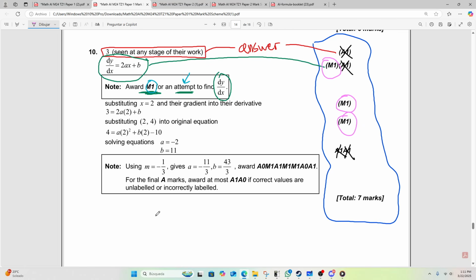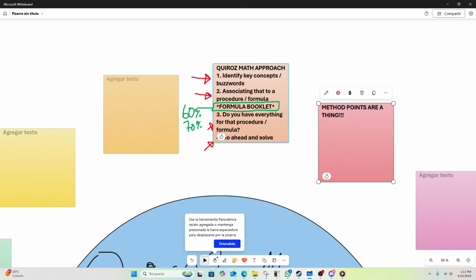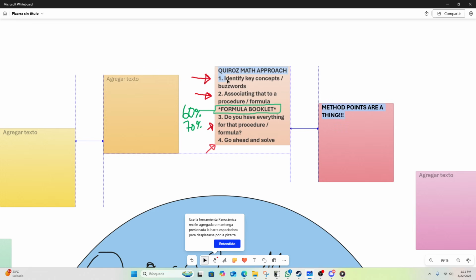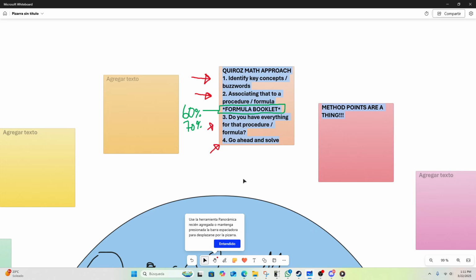And so here, yeah, you didn't get 7 out of 7, but you got 3 out of 7 only with method. And that is extremely important. That is why the Quiroz math approach focuses a lot on mastering the key concepts and buzzwords, which allow you to reach this so-called... I just lost control of what's happening here. There we go.